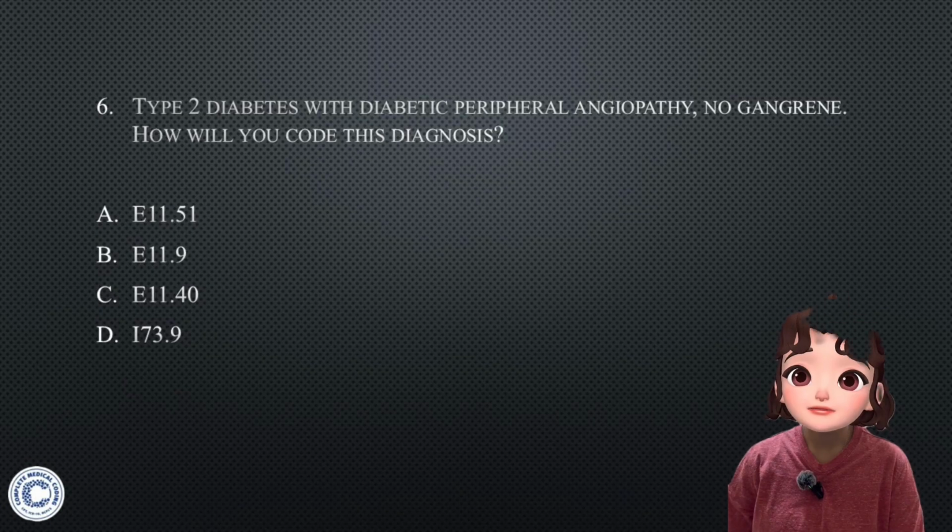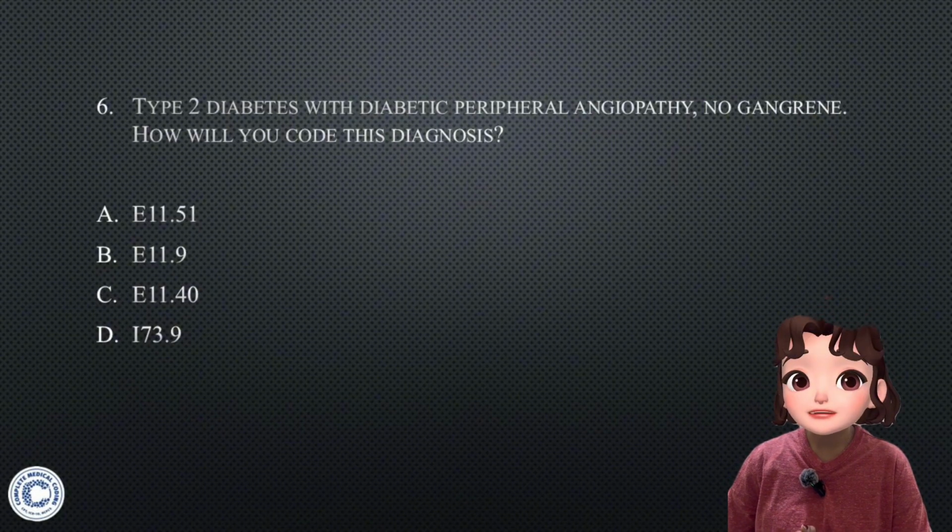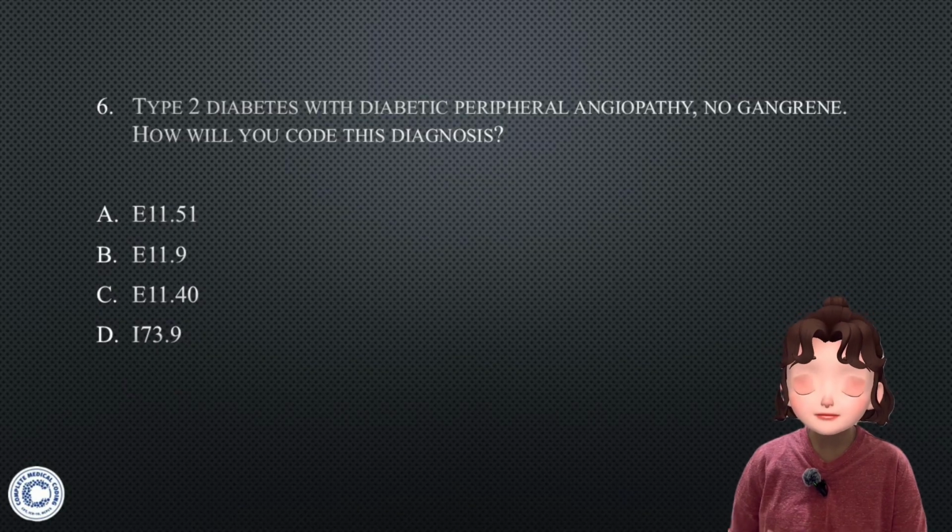Moving to sixth question. Type 2 diabetes with diabetic peripheral angiopathy, no gangrene. How will you code this diagnosis? So this is simple. You have to code for type 2 diabetes with diabetic peripheral angiopathy.